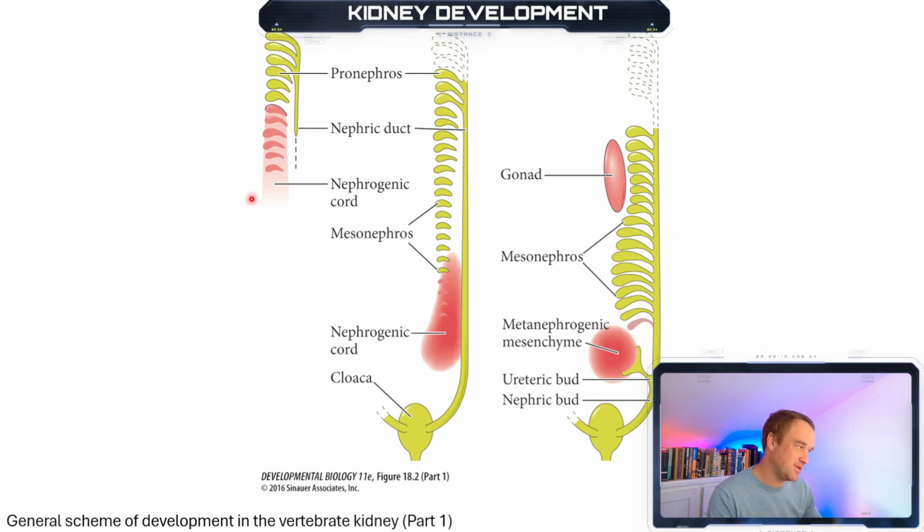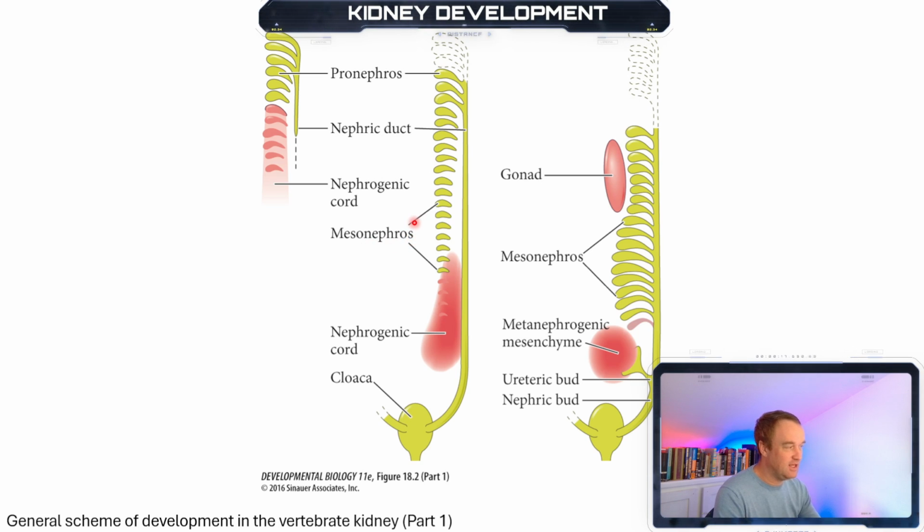It develops from that, so sometimes it's just called the intermediate mesoderm or the nephrogenic mesoderm. But it's a critical embryonic structure that gives rise to the urogenital system. So your gonads, your whole connected gonads and bladder and all that stuff, all arises from this nephrogenic cord.